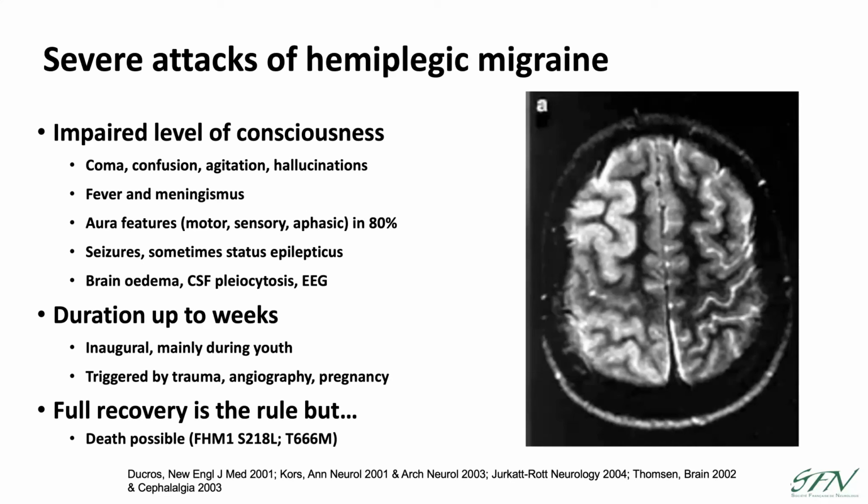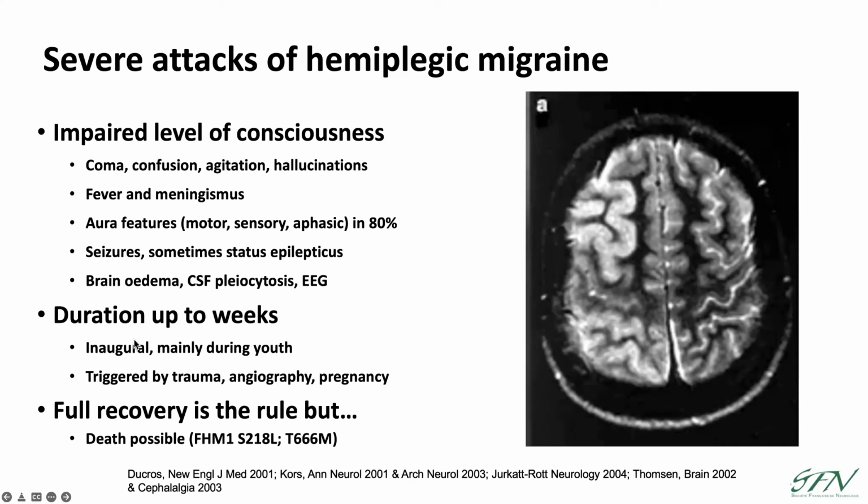In somebody who has no affected parents, when it's sporadic, this may cause a diagnosis delay because physicians don't know hemiplegic migraine very well, and they will think of infectious causes, autoimmune conditions, sometimes stroke, and sometimes the diagnosis will take place only a few years after the first attack.